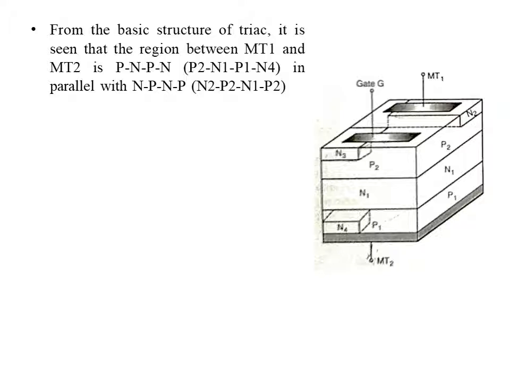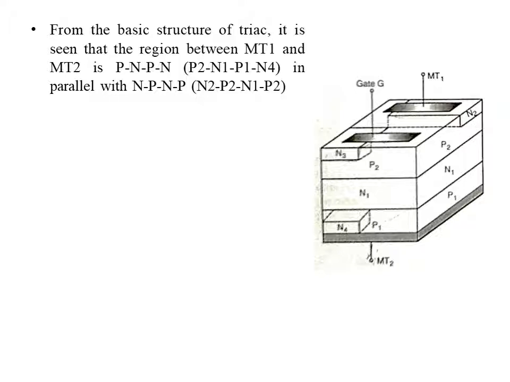From the basic structure of triac, it is seen that between MT1 and MT2, that is main terminal 1 and main terminal 2, we have PN layers. Between these layers we have P2, N1, P1 and N4 in parallel with an NP SCR, that is N2, P2, N1 and P2.